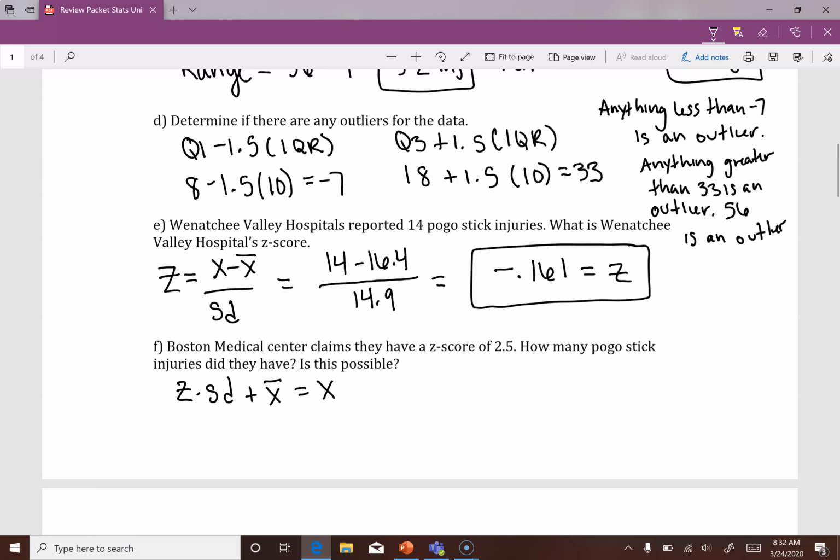And if you're wondering how I got that, I just rearranged this formula right here. So that's going to give me x equals a z-score of 2.5, that's coming from here, times the standard deviation of 14.9, which we found above, and then plus our average of 16.4.